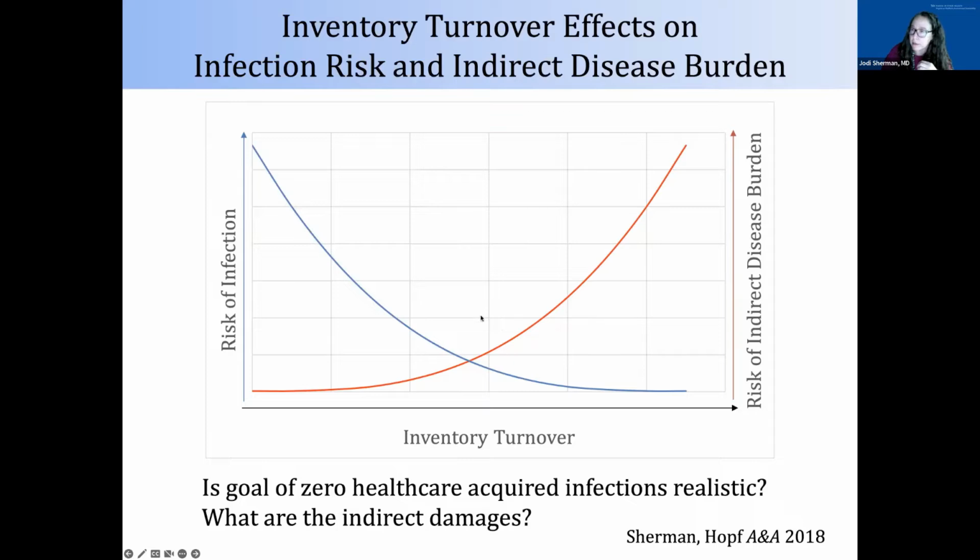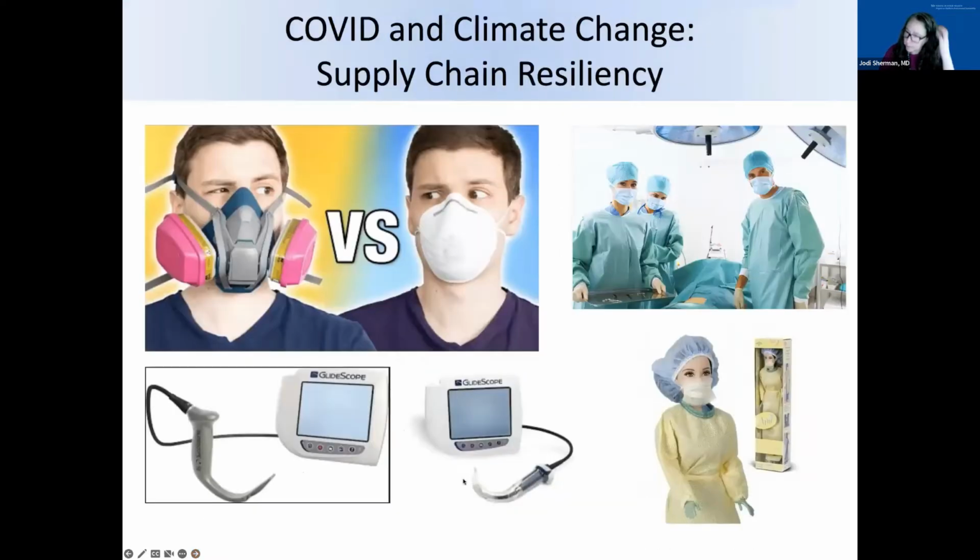We're increasing consumption of both reusables and disposables, ignoring this hidden and increasing burden on public health. And so really we have to be much more mindful about how much we really need to throw at this issue. And the goal of zero healthcare acquired infections, the goal of zero harm is not attainable, and it's causing indirect harm and needs to be rethought.